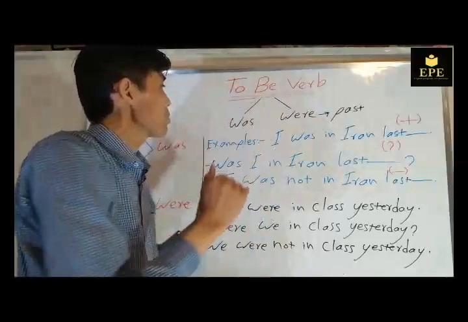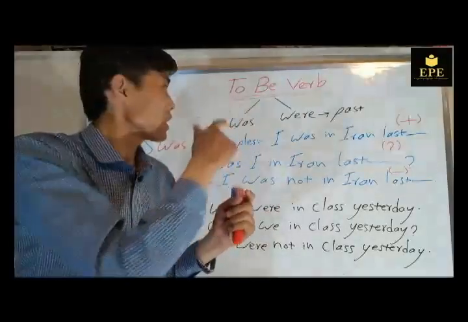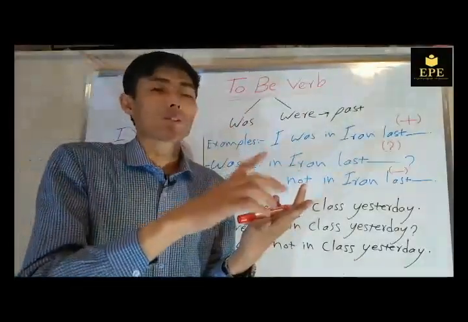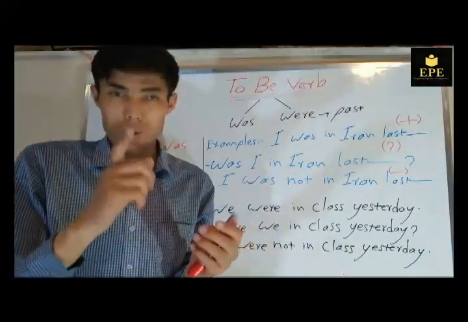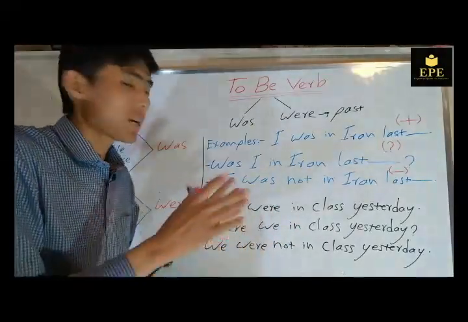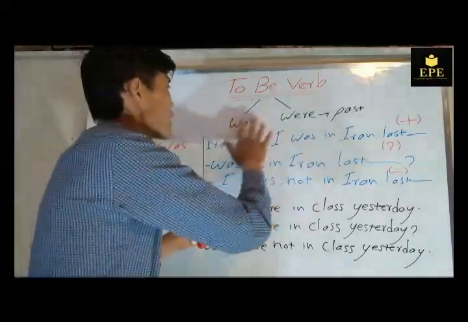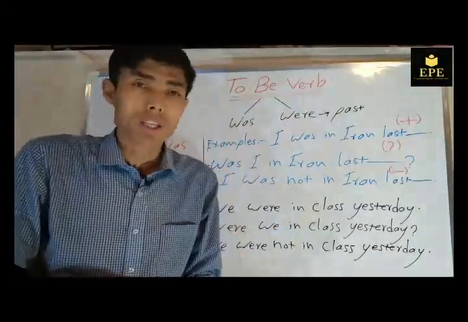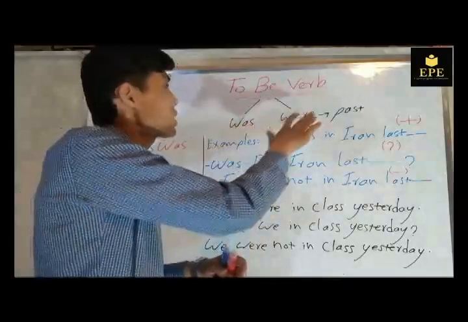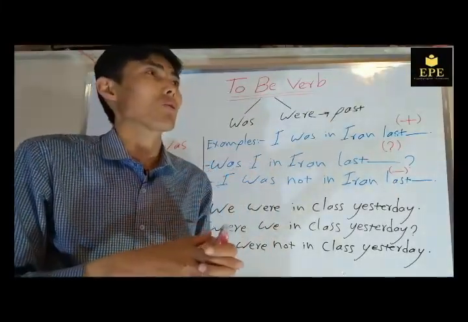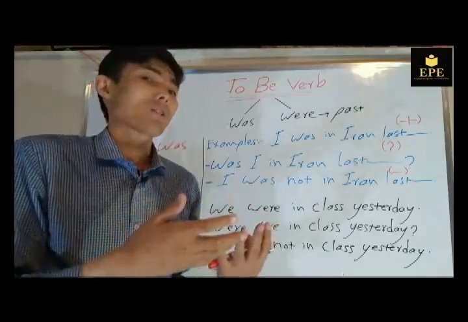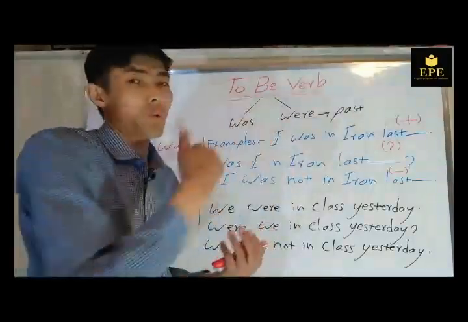To be verbs are more than this: am, is, are, as I explained in, I think, present continuous tense. Here I just want to explain about was and were. Don't forget that we use was and were for past tenses. If we want to say something in the past, we use was or were.